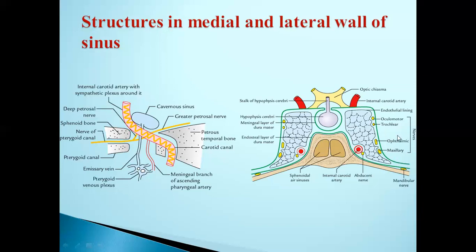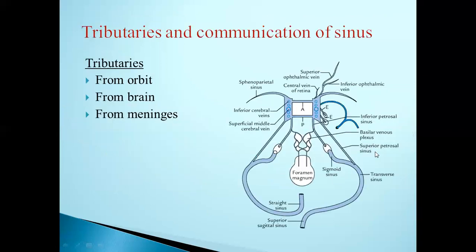So these two are divisions of trigeminal ganglion only, maxillary division and ophthalmic division. Again, the maxillary nerve passes through foramen rotundum and the ophthalmic nerve will enter into the superior orbital fissure. So if you know the foramina and their openings, you will know where these nerves are going and supplying. So that is about the lateral wall of cavernous sinus.